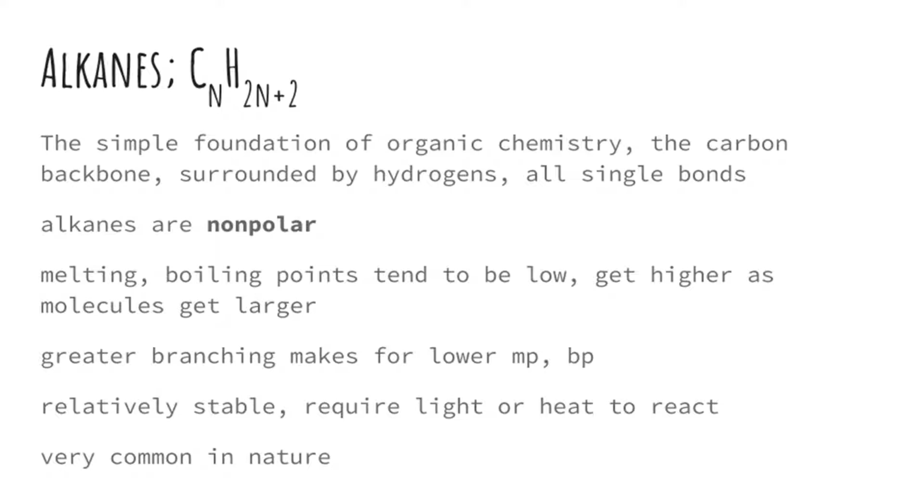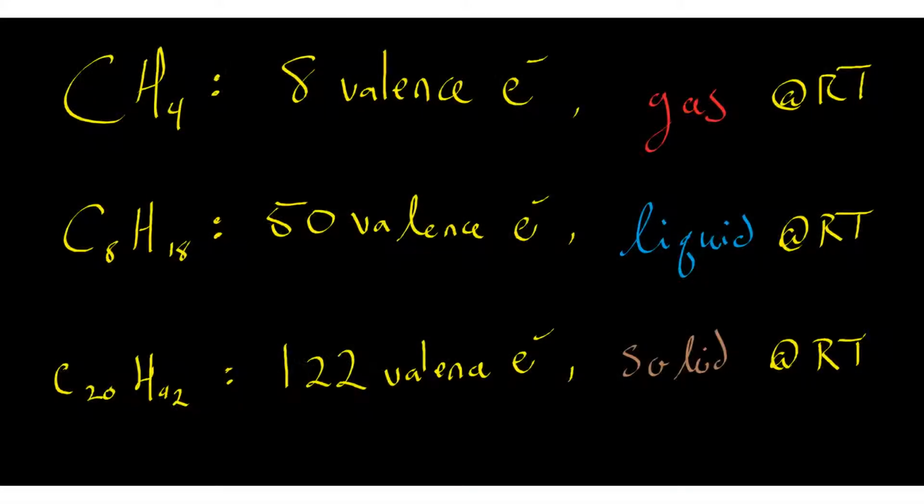Alkanes' melting and boiling points can be quite variable, but that's based on two things: the size of the molecule and the branching of the molecule. So really small alkanes have very low melting points, like negative 100 or similar.